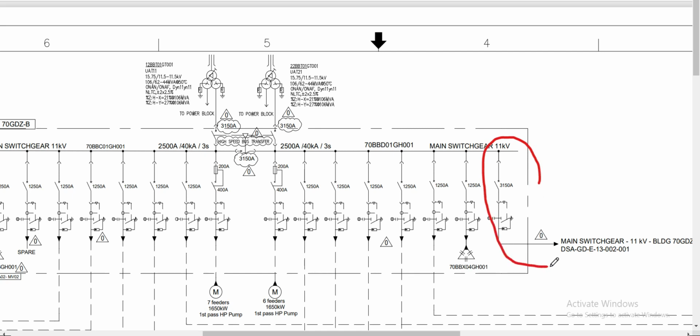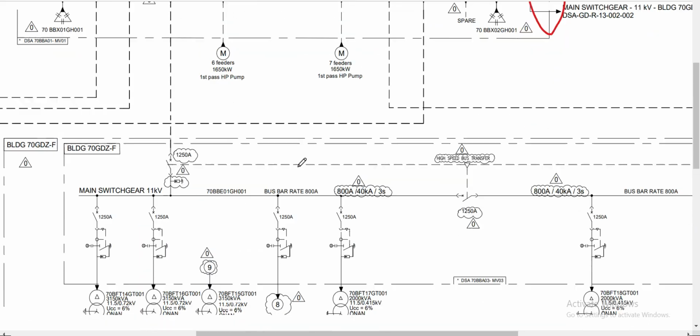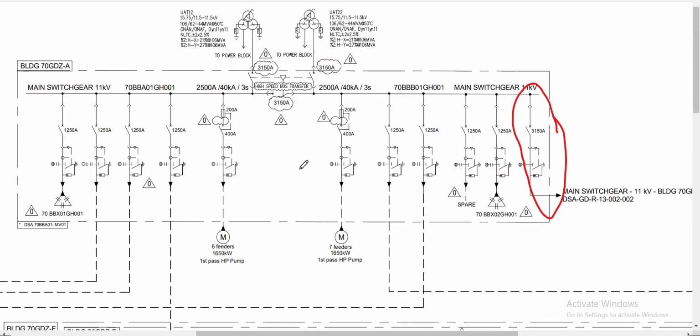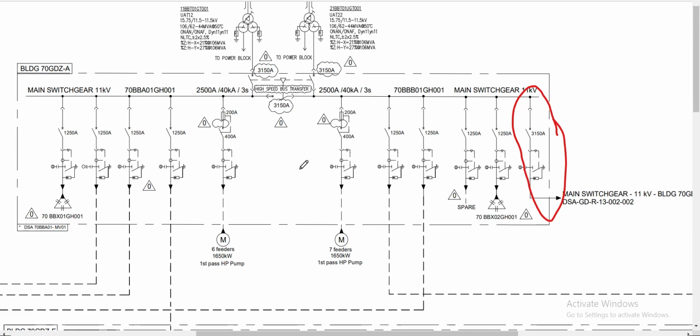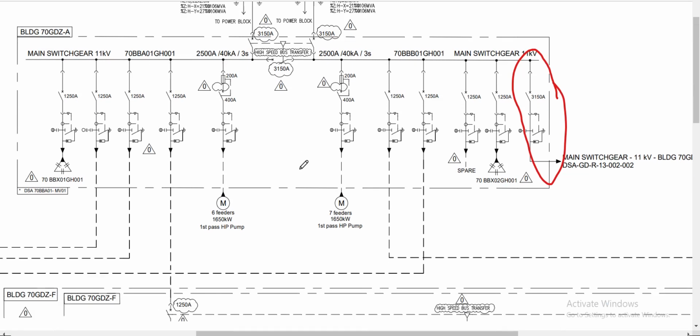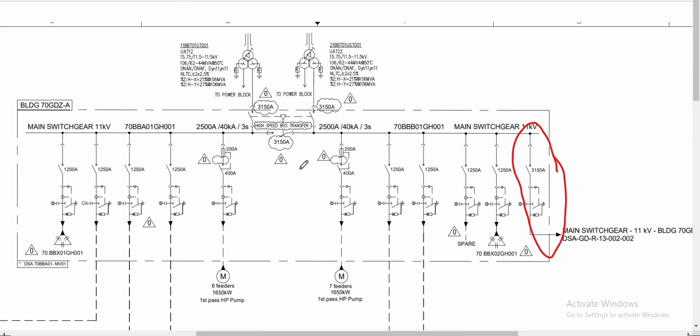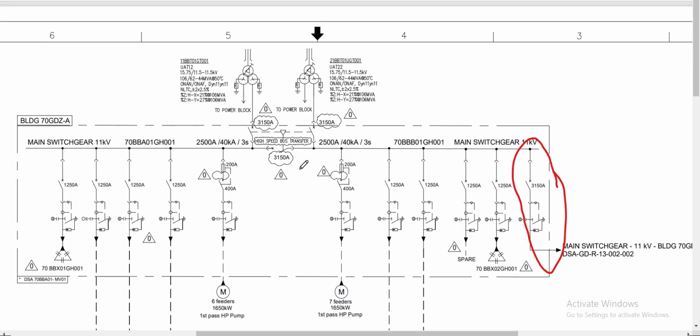So building A and building B are interconnected to each other, so that our system will have a robust and stable power source. Why is this very robust?